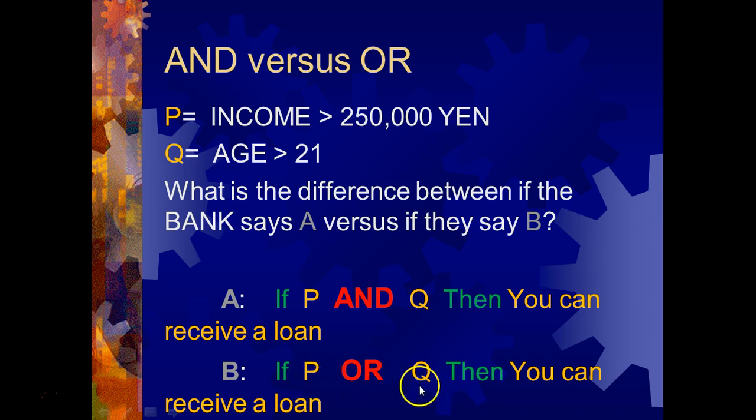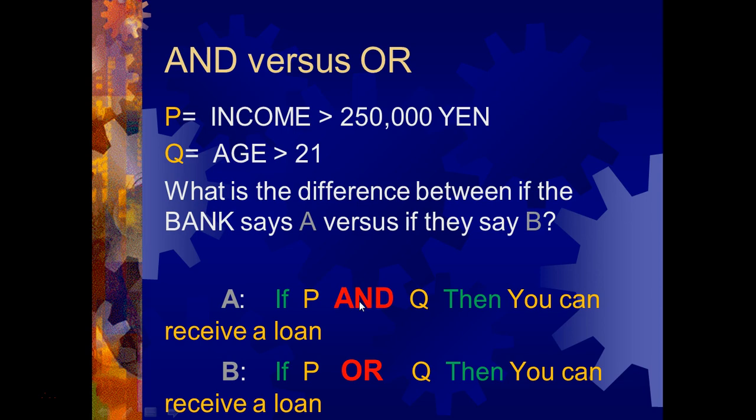If this is true. So is this true in the case that P is true but Q is false? That is, income is greater than 250,000 yen, but age is 18. Do they give the loan? They said if P or Q, so it's clear in that case that you will receive the loan because your income is greater than 250,000 yen. You're only 18, but it doesn't matter because they said or, whereas here they said and.